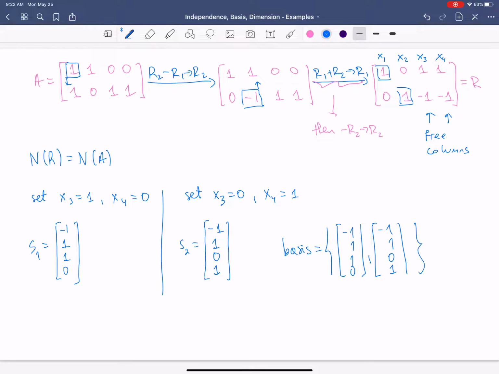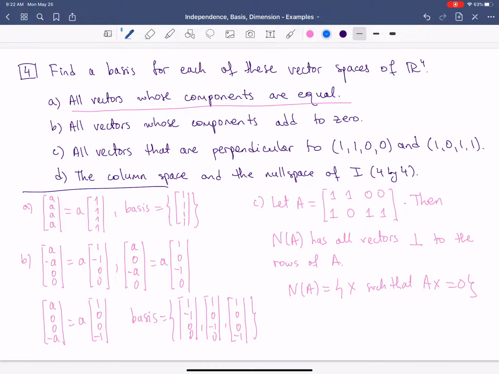As I said, a basis is not unique, but this is our systematic approach to finding a basis for the null space. So we'll have uniqueness for as long as we stick with looking for these special solutions. All right, and that was part C.